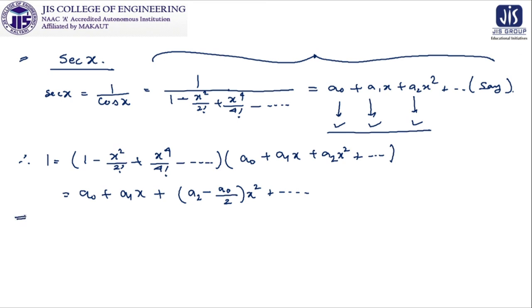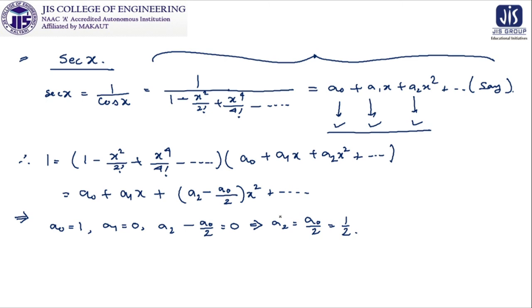Equating the coefficients, we can write that a0 is equal to 1, a1 is equal to 0, because on the left it is only 1 and nothing else is there, and after that we can write a2 minus a0 by 2 is equal to 0, which gives us a2 equal to a0 by 2, which is half.